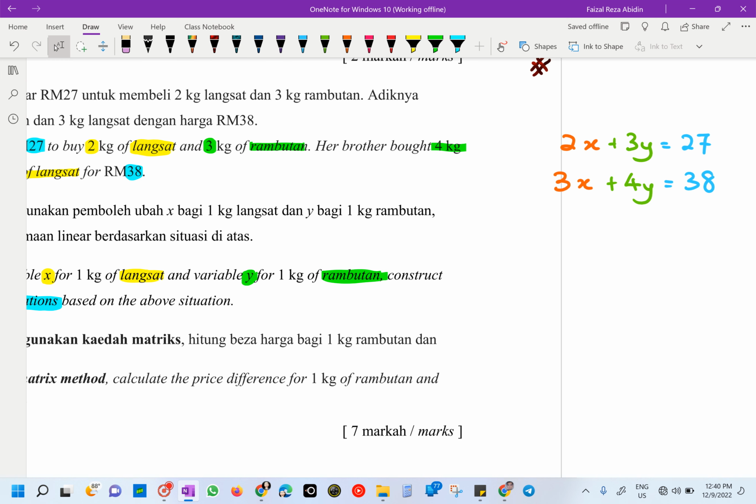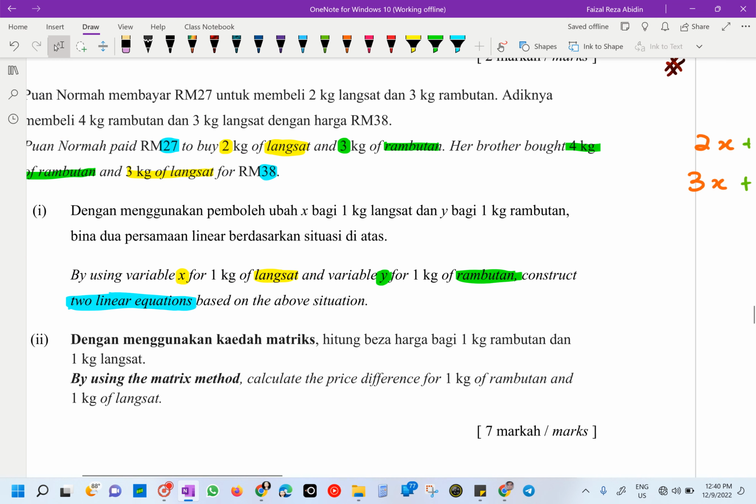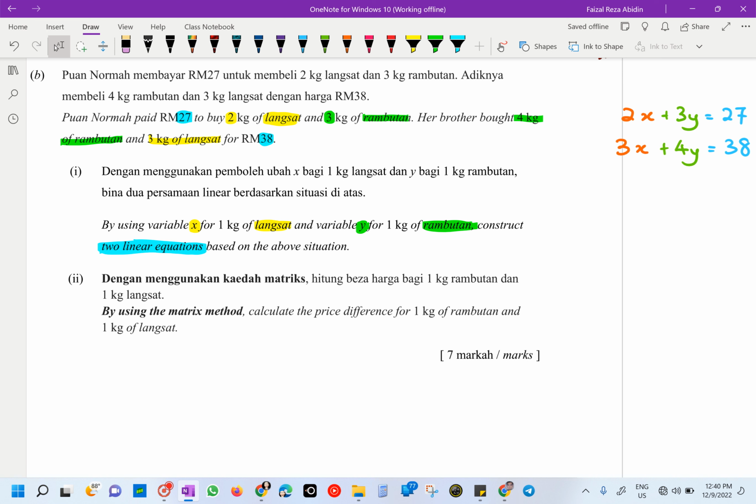From here, we can answer our B2 over here, asking for us by using the matrix method. Kalau kami tak guna matrix method, boleh tak? Cannot. Same like the previous question kan? Previous question dia kata apa?